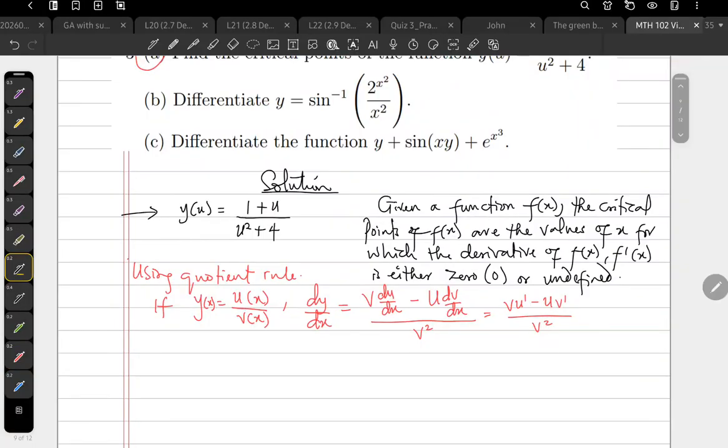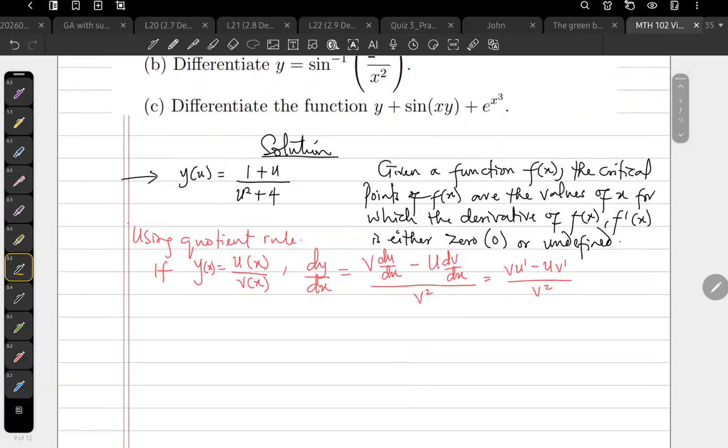So in this case in particular, we identify our u to be what is on top, 1 plus u.